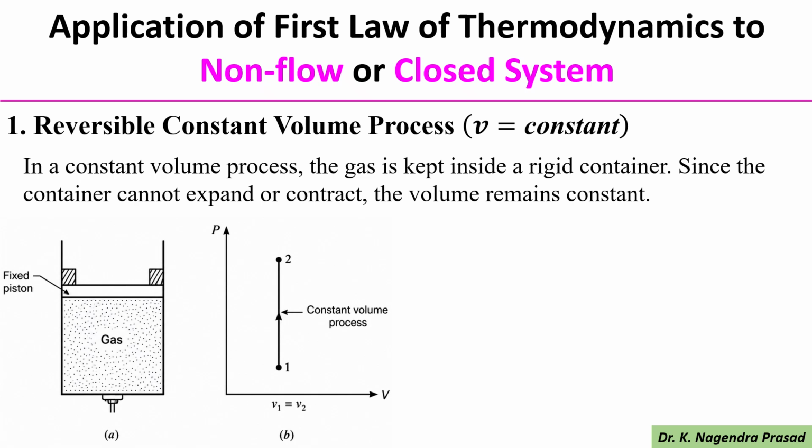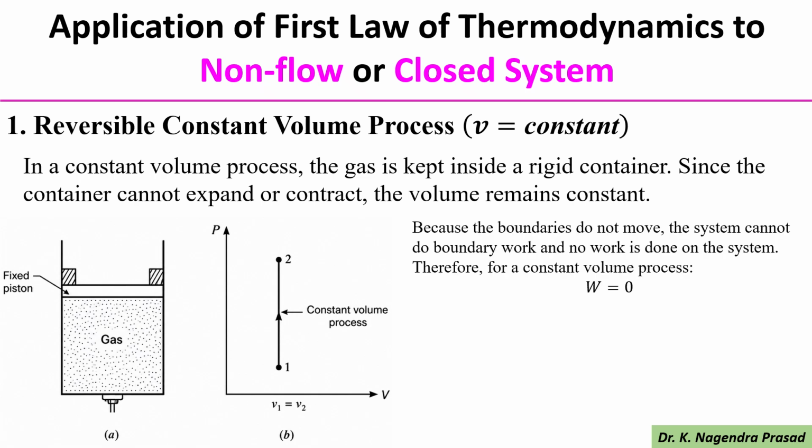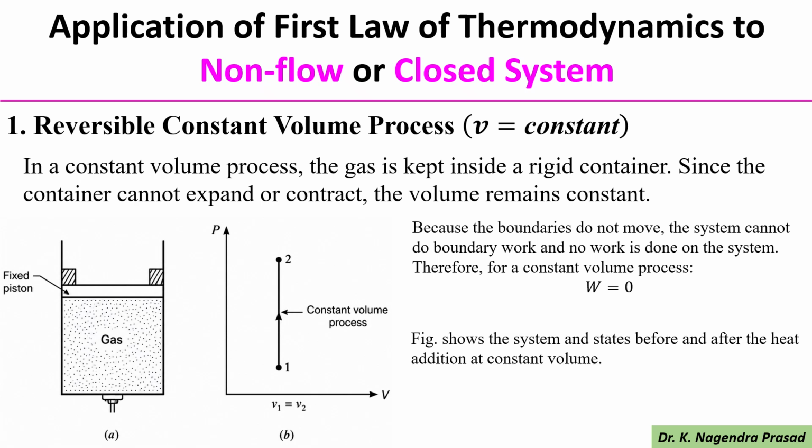Since the container cannot expand or contract, the volume remains constant. Because the boundaries do not move, the system cannot do boundary work and no work is done on the system. Therefore, for a constant volume process, work done equals 0.